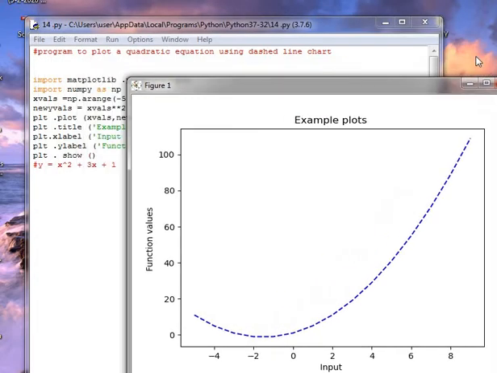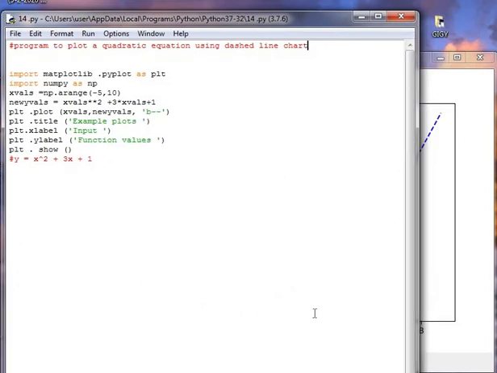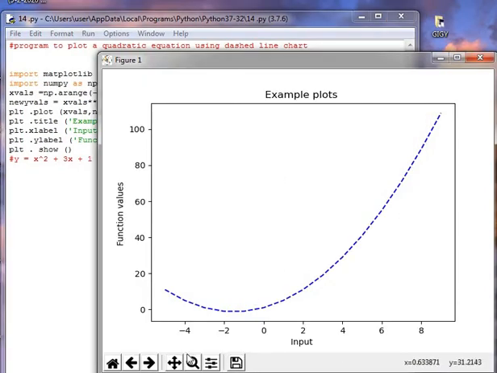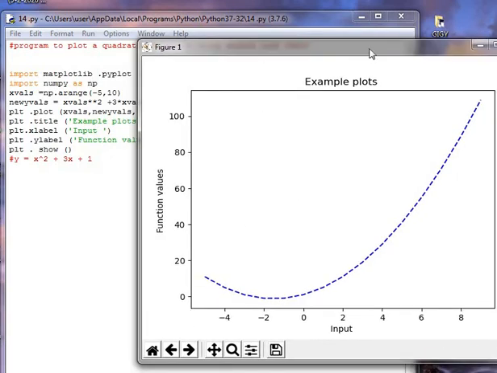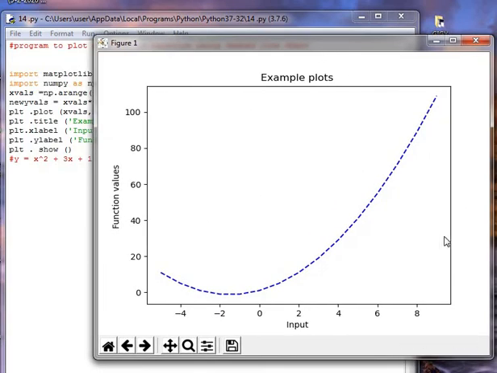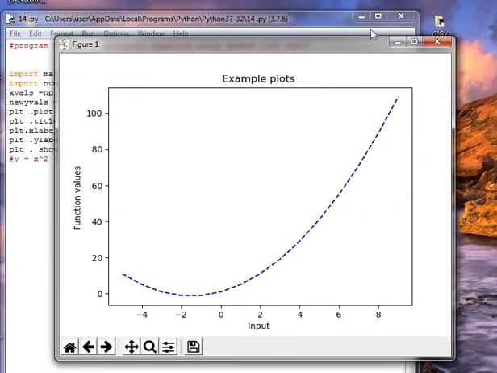This is our output. From -5 to 10, x raised to 2 plus 3x plus 1. Okay.